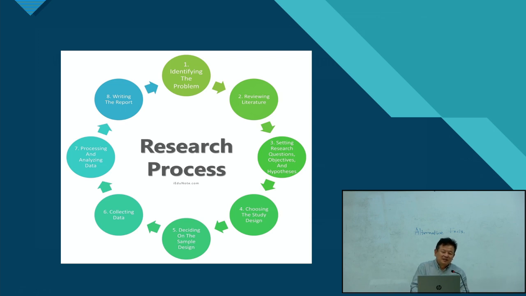The next step in the research process is choosing the study design. It means if I choose the M generation and the G generation, I want to compare them about how long we use the phone, something like that. Then the researchers choose the study design.